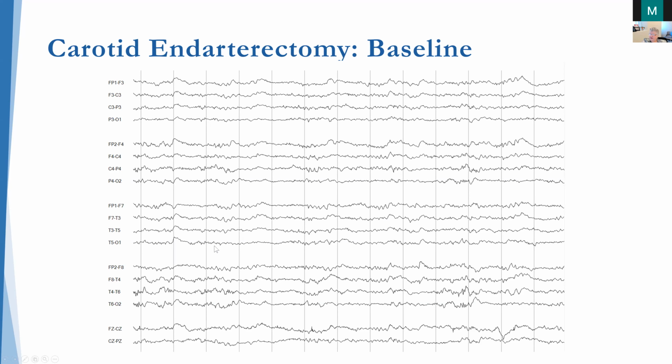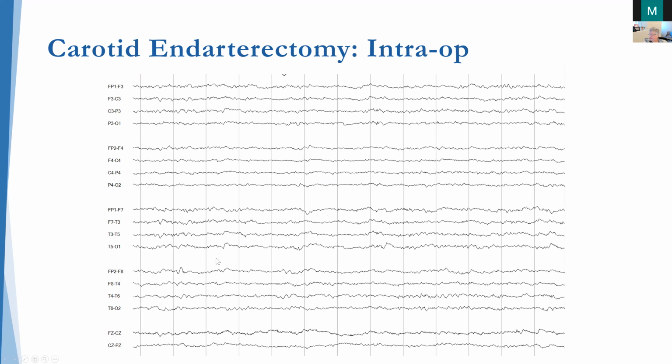When the patient's carotid artery is clamped during surgery, we see that fast activity over the right hemisphere goes away. And now there's a relative prominence of beta activity over the left hemisphere compared to the right.